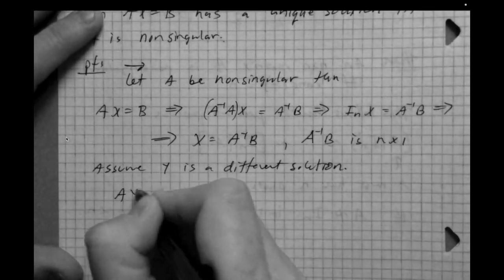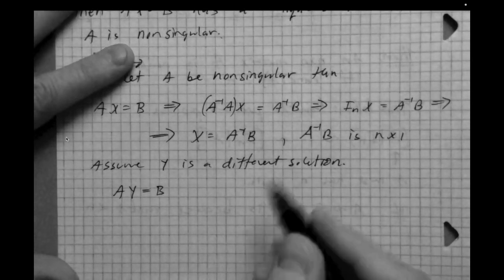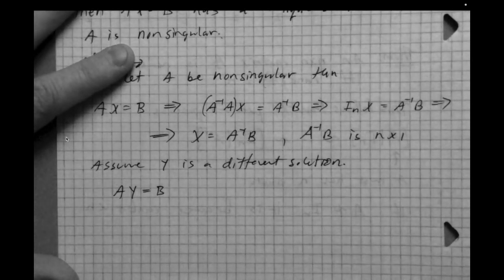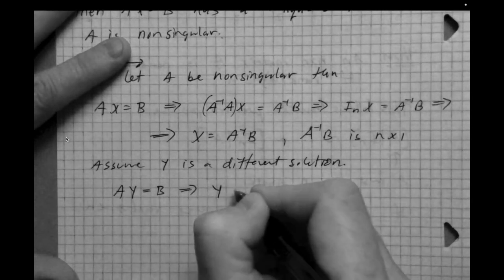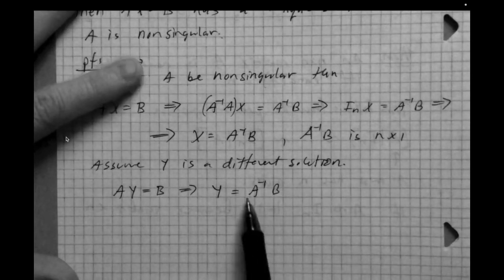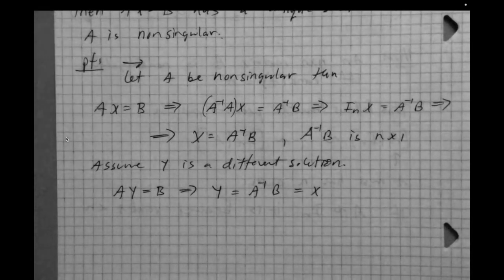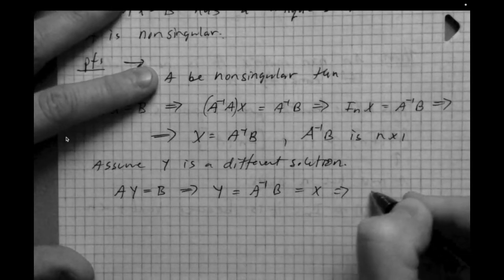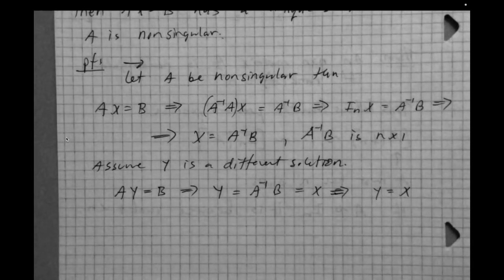So you have a different system, A times y = b. Then I know that y is going to be equal to A inverse times b. But A inverse times b I just saw is equal to x. So y is equal to x, isn't it? There's no way this can produce distinct solutions. It has to be unique.